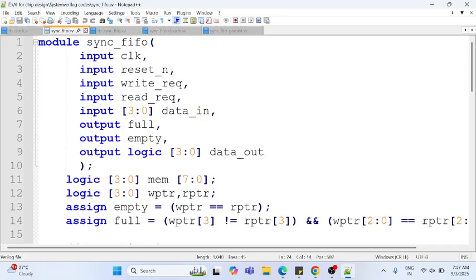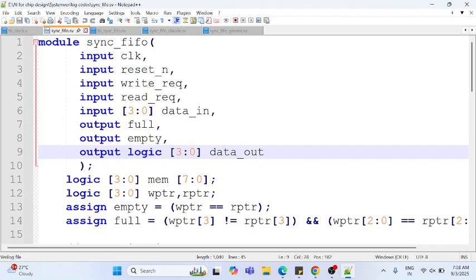Read_request is for reading the data. The data_in is of 4-bit width. Then we have outputs full flag and empty flag. Then we have the data_out. So this is the data_in and the data_out.